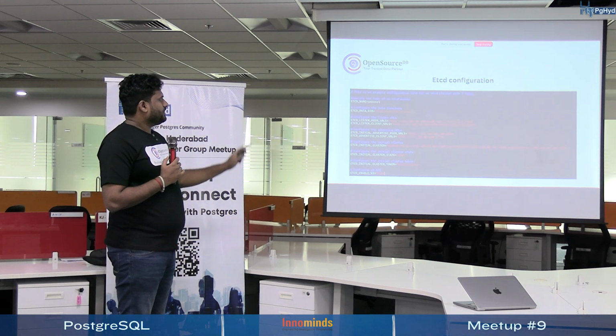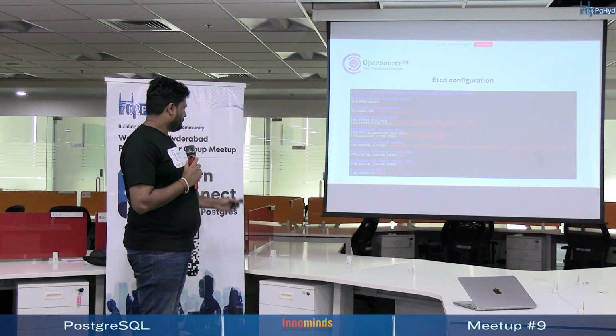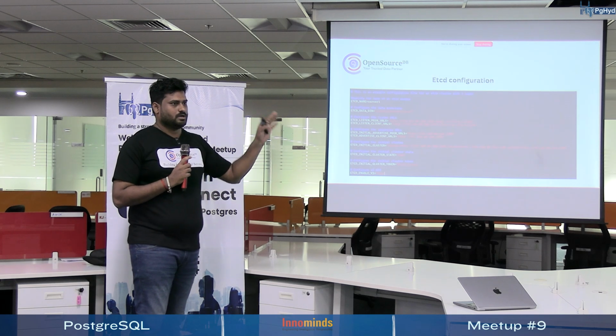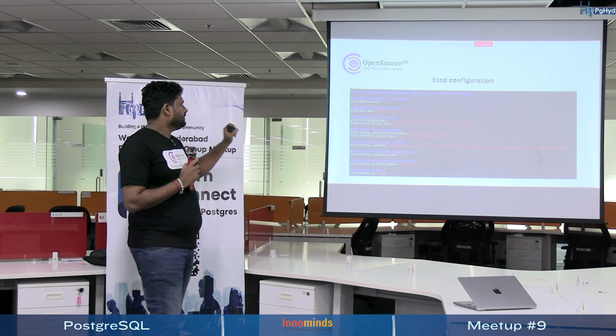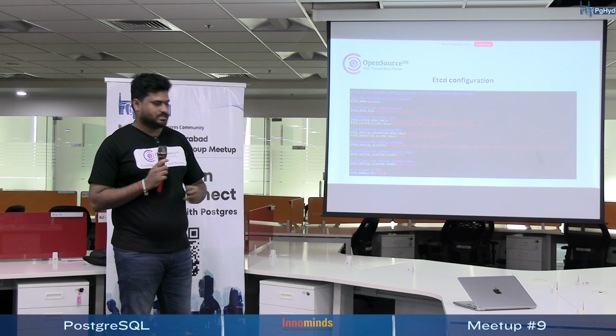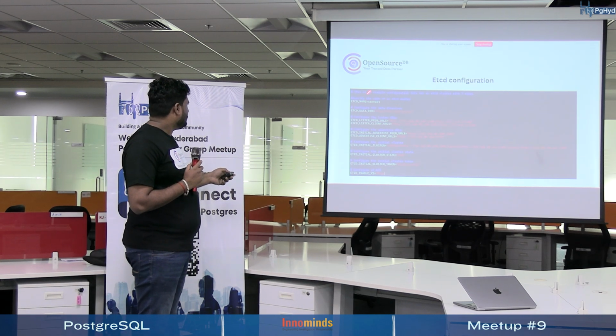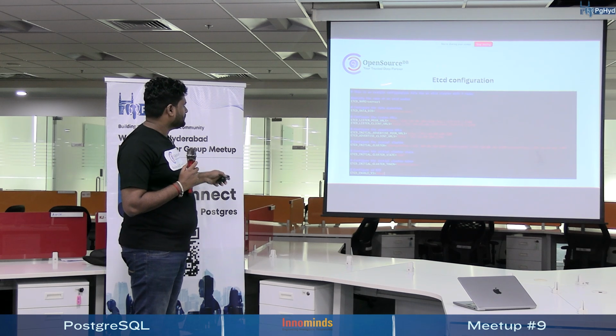Coming to the configurations, how we did it. Here I'm not going to touch the PgBouncer or HAProxy configurations. I'm going to touch the etcd and the Patroni configurations. If you look at this configuration, this is the basic configuration.